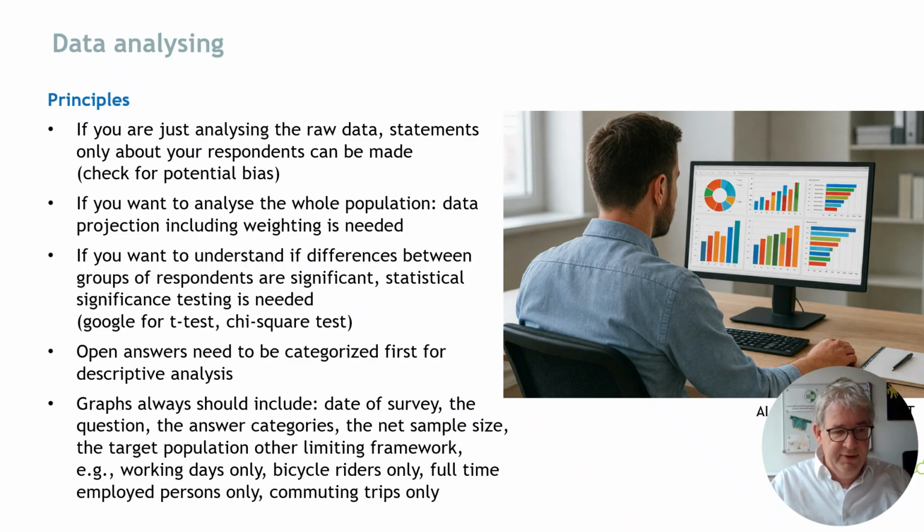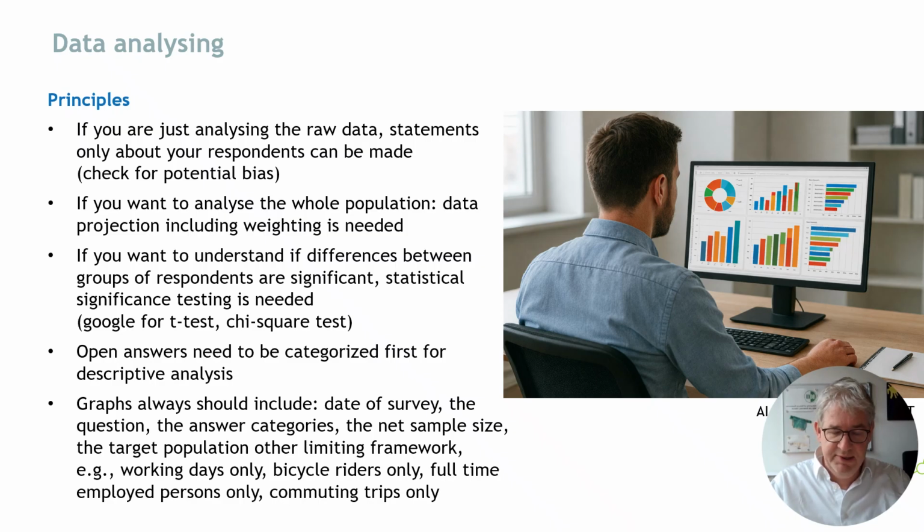If you then develop some descriptive graphs of specific questions or behavior, always include in the graph, or very close nearby, the information about this graph. So what is the graph about? For example, the date of the survey, so which year this survey was carried out, what the specific question was, what the potential categories of answers are, and what the net sample of these categories was.